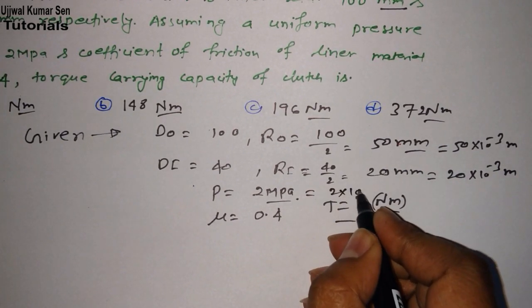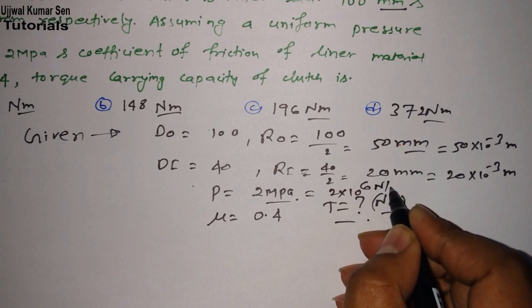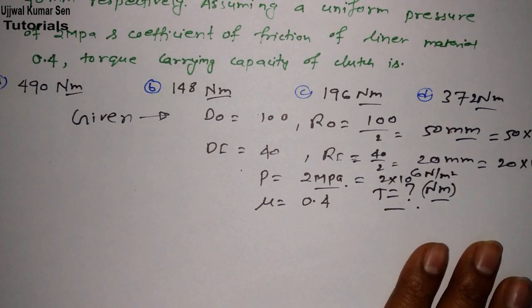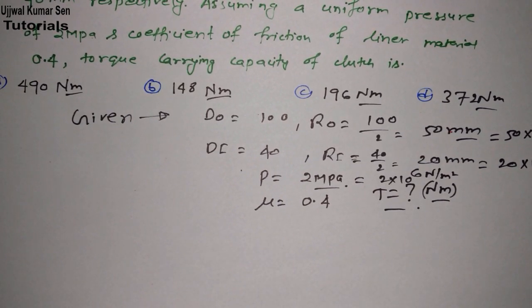Here 2 into 10 to the power 6 Newton per meter square, or we can also write Pascal, because Pascal and Newton per meter square are the same, right? So we have done it. Now the coefficient of friction is dimensionless, so that is not our concern.